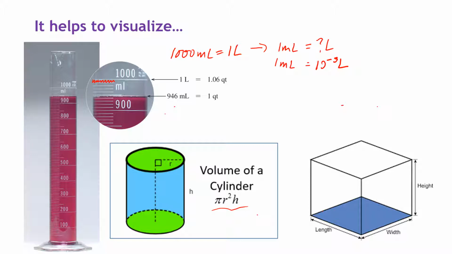We're really going to make use of the cube shortly, and the volume of the cube and how that could help us convert between something like a centimeter cubed and a meter cubed. So I want you to make a mental note of the fact that the volume of a cube, by definition, is length times width times height. We're going to be using that. Since we're on the subject of volume, I thought I'd bring it up now, but we'll address it in more detail later on in this lecture.